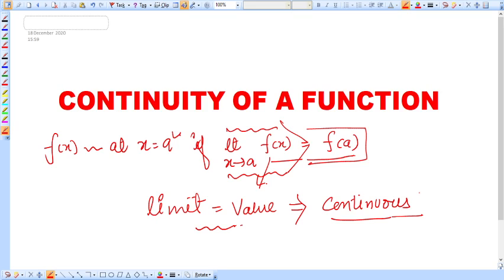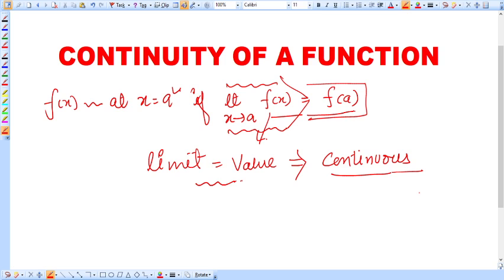We can also write this definition in epsilon-delta form.